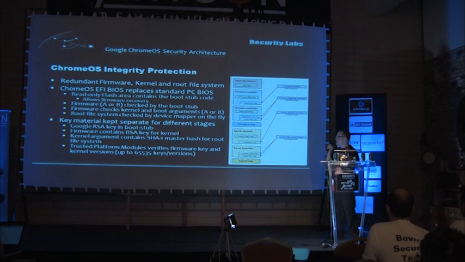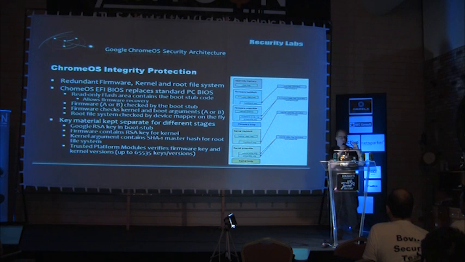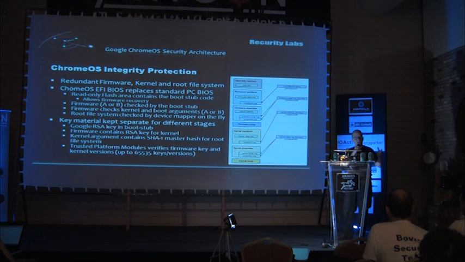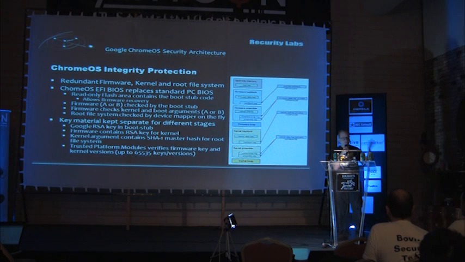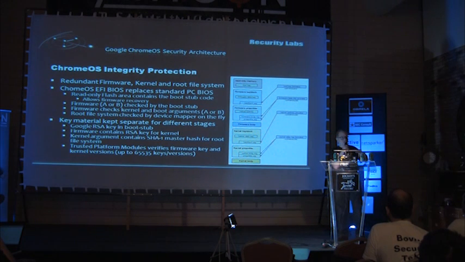What is funny is they actually use the TPM on the platforms to check that you don't use an older key, so you can't do a rollback attack if you manage to crack an older Google key. So you can't really use that because it has seen a newer key. What it also factors in is the kernel version.